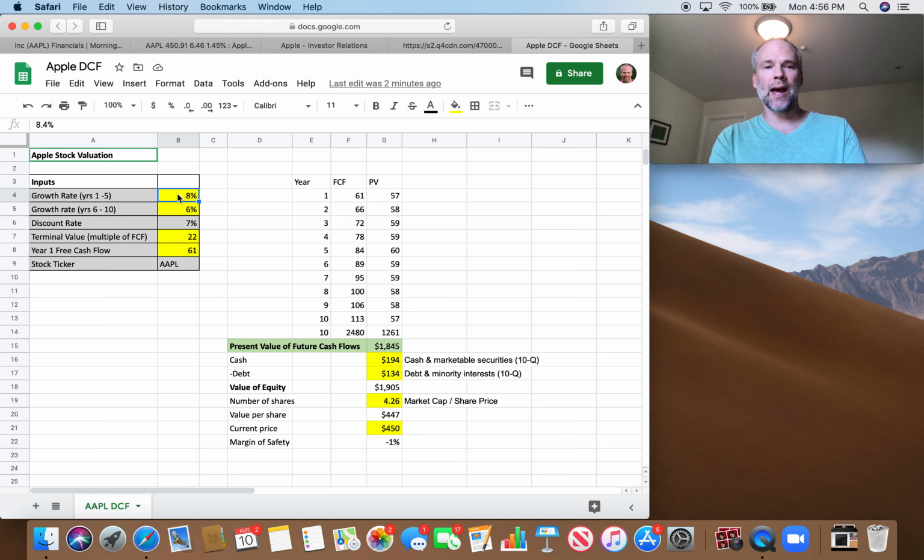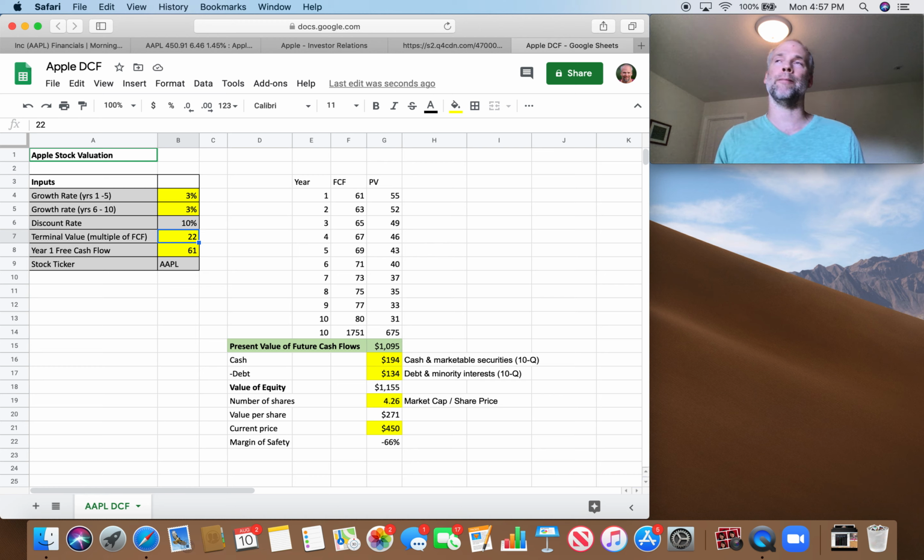So, I have no interest in doing an 8 and 6% growth rate here. I'm sticking with 3. Apple is a mature company. Discount rate, I'm insisting on 10%, because I think that's what I can get without thinking, just by investing in an index fund.